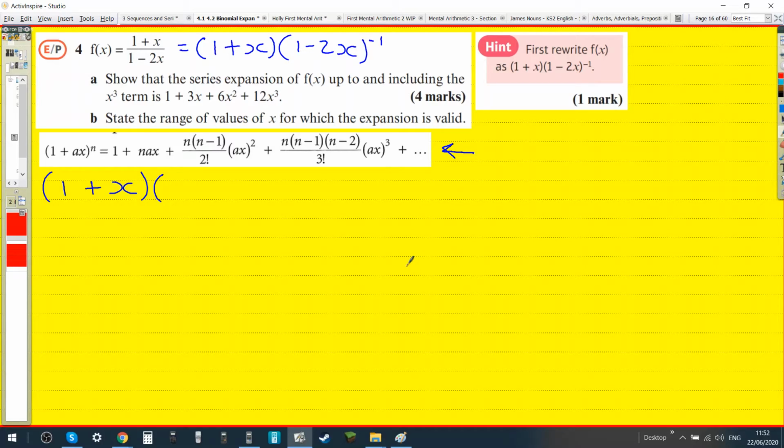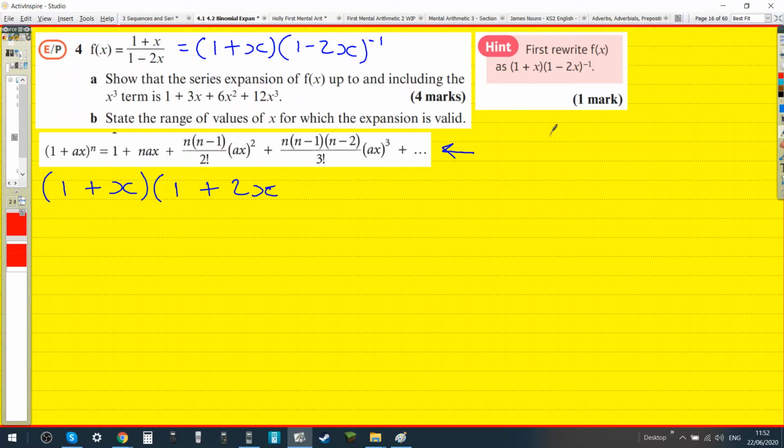So 1 plus x and 1 plus 2x. Hang on, what is a? What is n? Oh, actually, because it's minus 2 to the power of minus 1, will it be minus a half? I believe it is.